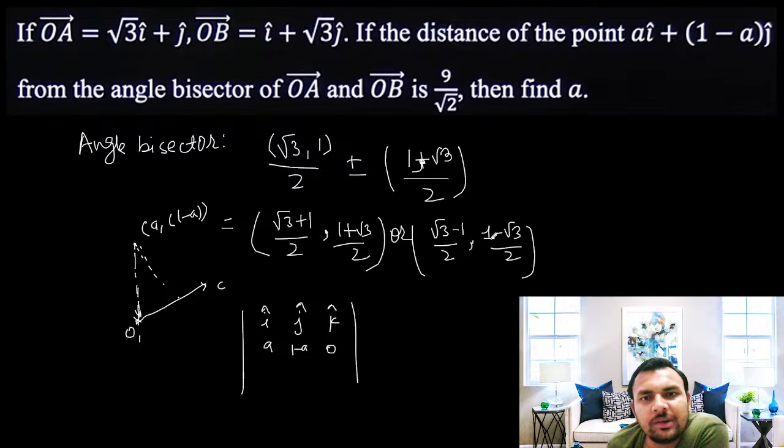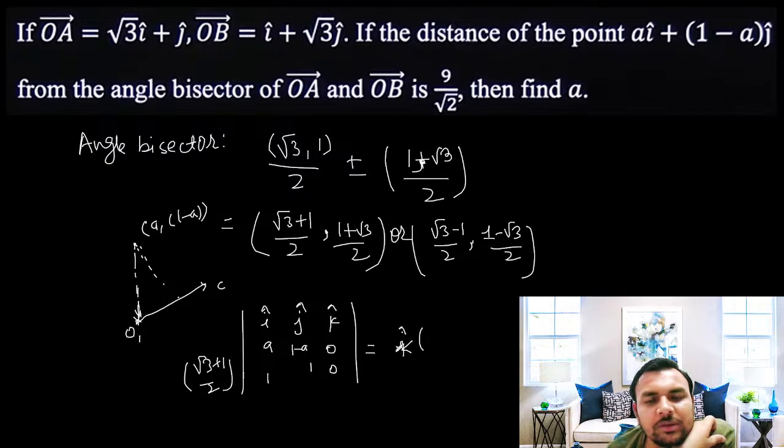Okay, it is plus or minus. If we do this thing, we have simply root 3 plus 1 by 2 out, and we have 1 1 0. So you do i cap 0, j cap 0, only k cap is left. K cap is left with a minus 1 plus a, 2a minus 1, and we have something root 3 plus 1 by 2, or k vector.